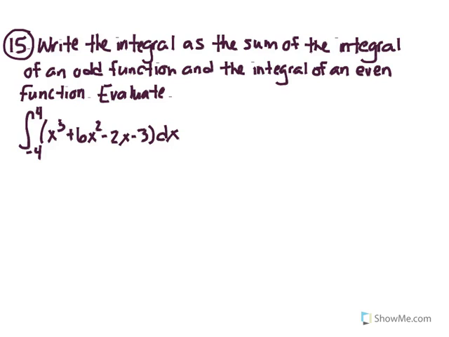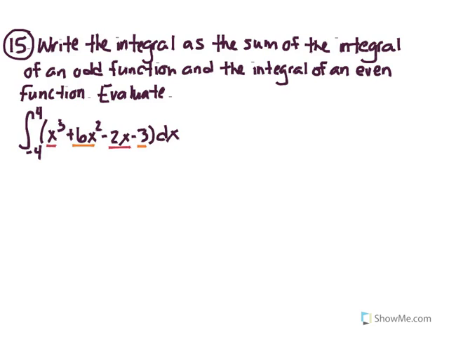So we're going to write this integral as the sum of the integral of an odd function and the integral of an even function, and then we're going to evaluate that function. So what we want to do first is pick out all of the odd parts of this function. So that's x cubed and x to the first. So those are going to be paired together. And then our even parts are x to the second power and x to the nothing, so 0.